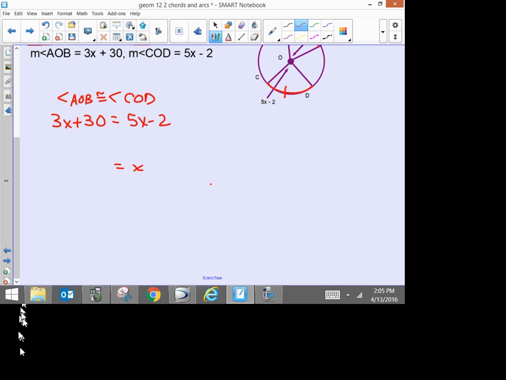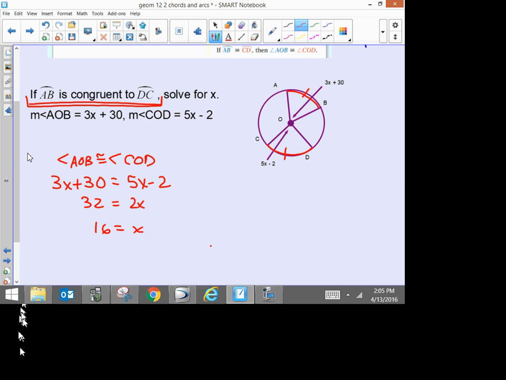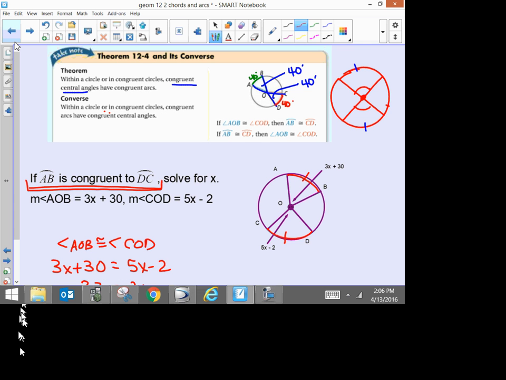Actually, 16. Good work. You get 2x over here, you get 32 here. X equals 16. So that's the kind of application. We don't have any numbers, so we have to think, okay, I've got congruent arcs, so I've got to have congruent central angles. That's good to know, that theory. And vice versa, if they told me these angles were congruent, these arcs would be congruent as well.